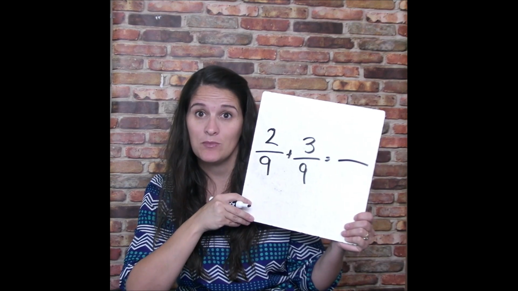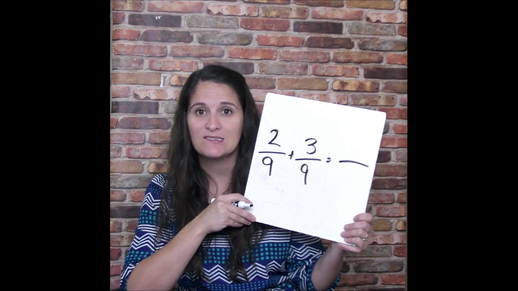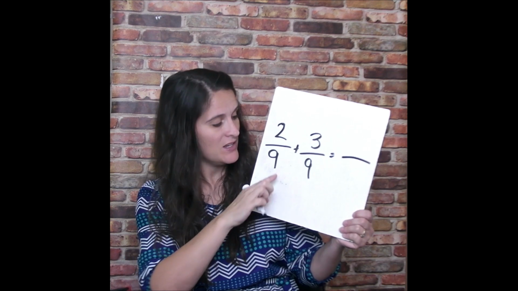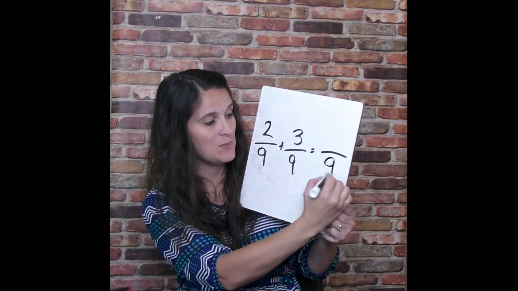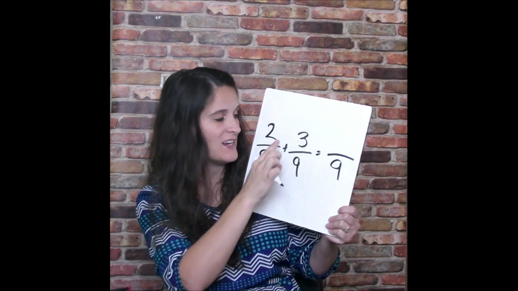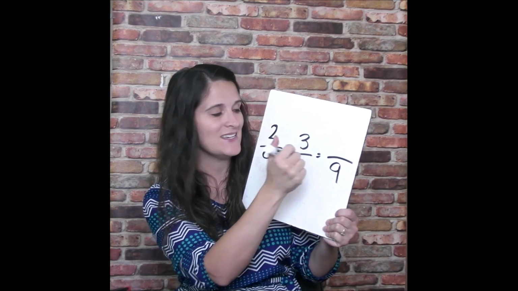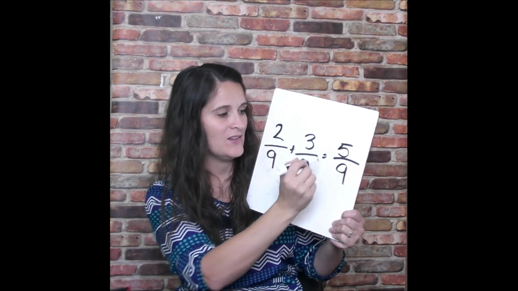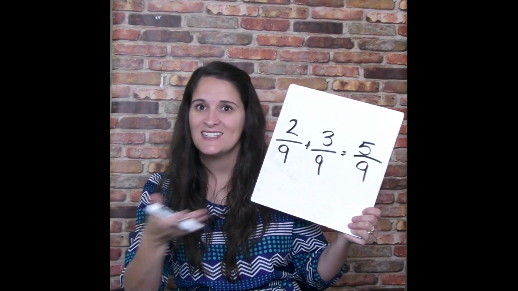Is it the same? And then what do you do with that numerator? The denominator's the same. You're going to keep it the same, not changing it. Adding your numerator, 2 plus 3 is 5. You can't reduce it any further. You have 5/9. You're done.